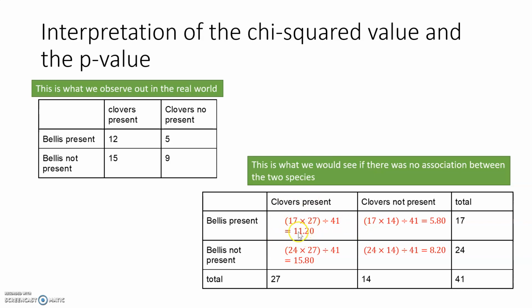So that's actually what you're calculating. Based on the assumption that there is no association between the two species, we would expect both of them to be present in 11.2 of the quadrats, and bellis to not be present but clover present in 15.8 of the quadrats, and so forth, right? So these are the expected values based on the theory that there is no association between the two species.